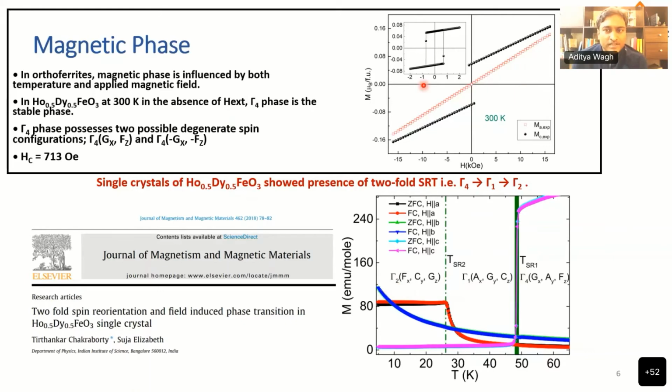We did magnetization measurements at room temperature, and when you measure along the C-axis, you get this sharp square hysteresis loop.